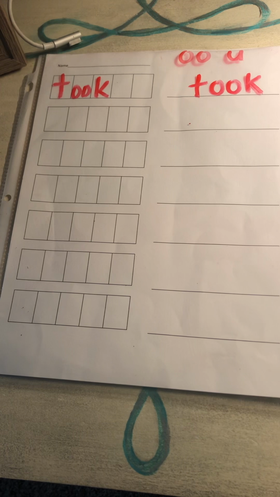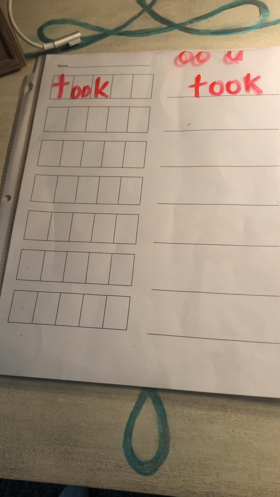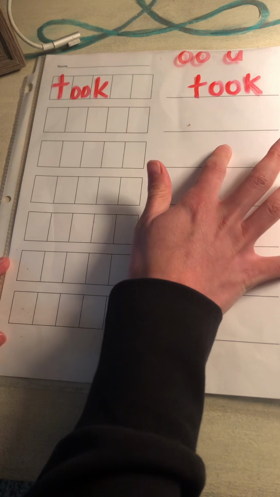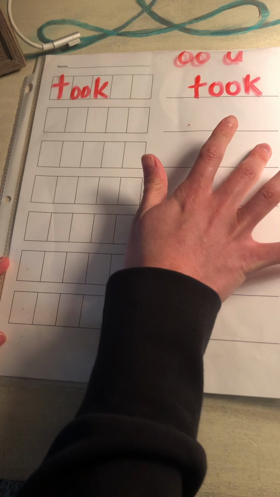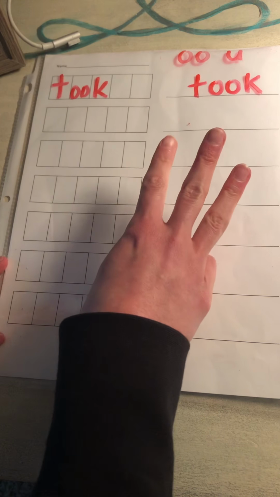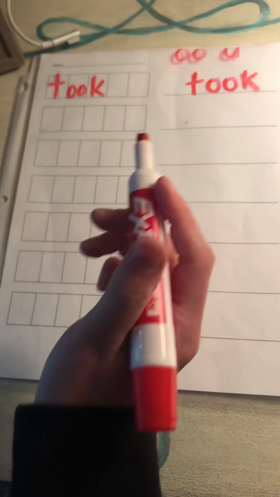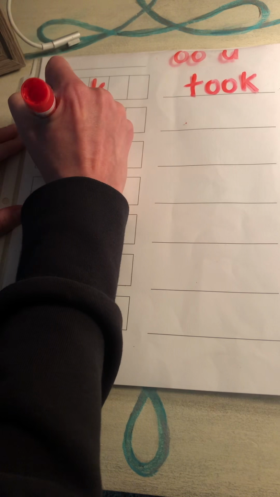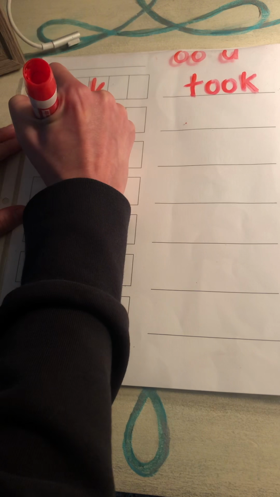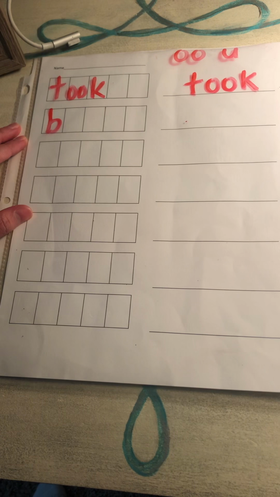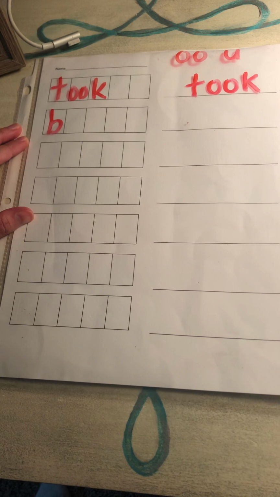The word is bush. Bush. B-u-sh. I hear 3 phonemes in the word bush. Taking my marker, I know B says B, and I'm making sure I'm forming my letters the correct way, and I'm showing really neat handwriting.